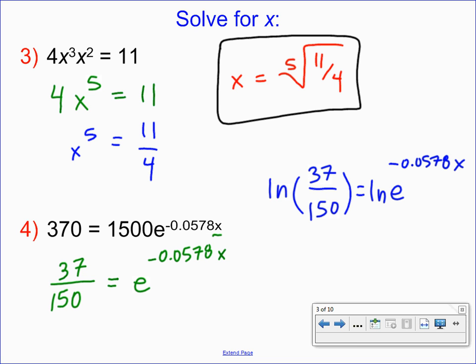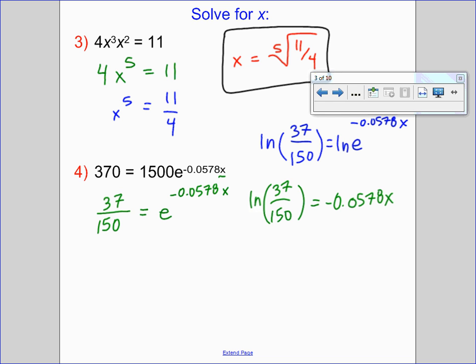So this undoes, right, the natural log of e to the something gets you just that something down the ground floor. So natural log of 37/150 equals negative 0.0578x. One step to go, divide both sides, and I get x equals exactly natural log of 37/150 all over negative 0.0578.